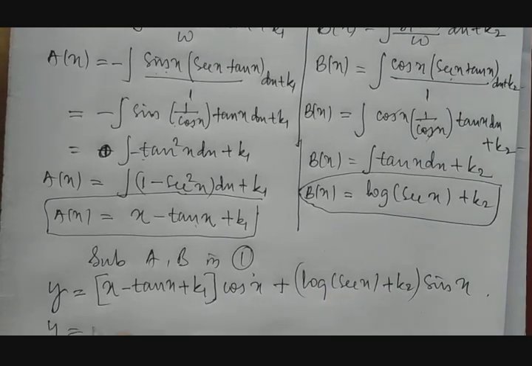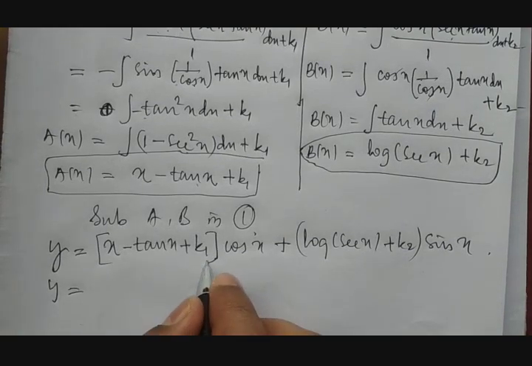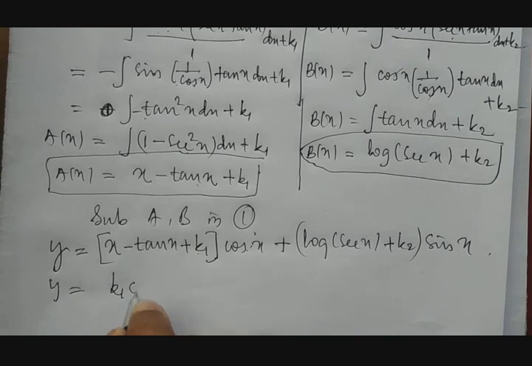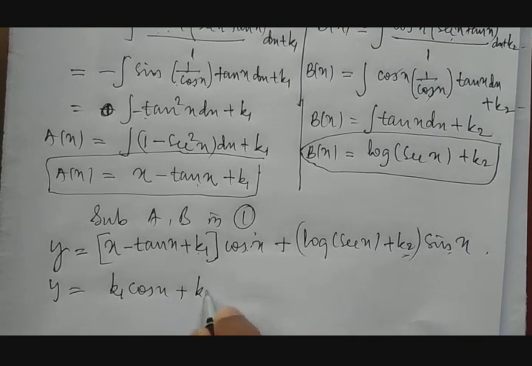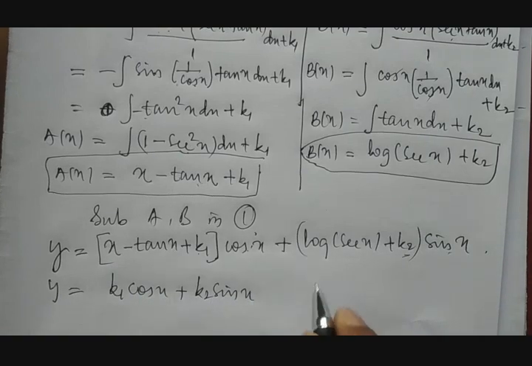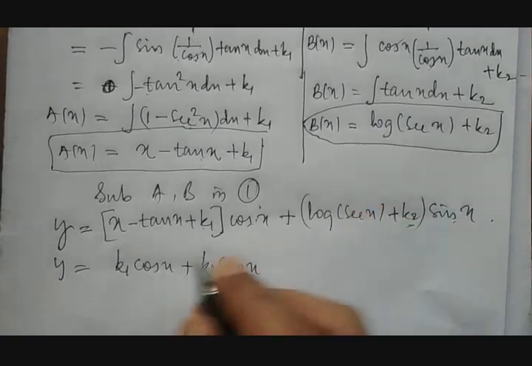Therefore, take a group multiplication. Then, as I told you, first you take constant k1 into cos x plus from here k2 into sin x. Next you take further group multiplications.